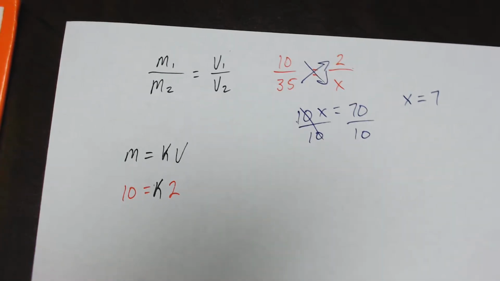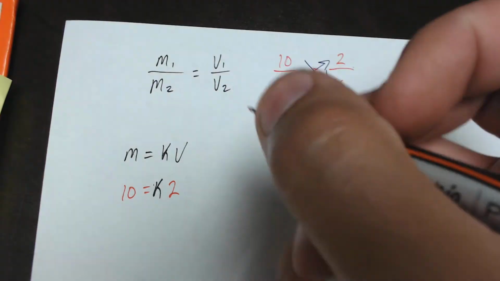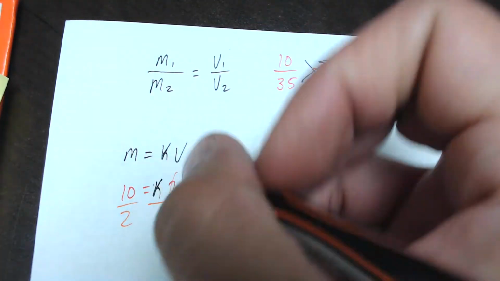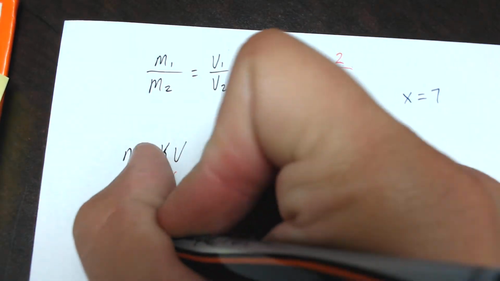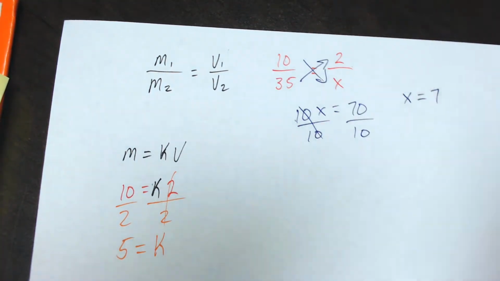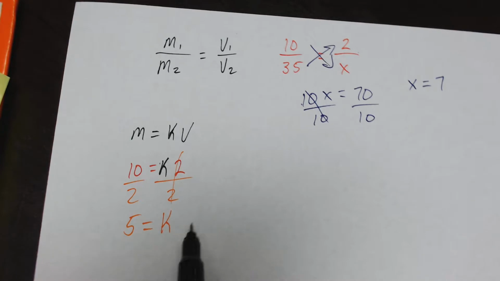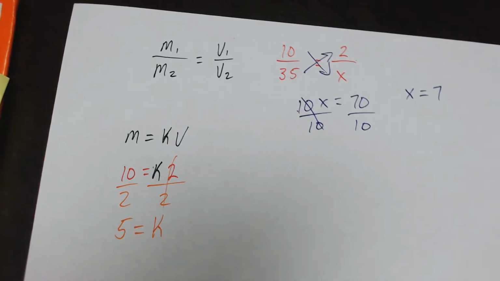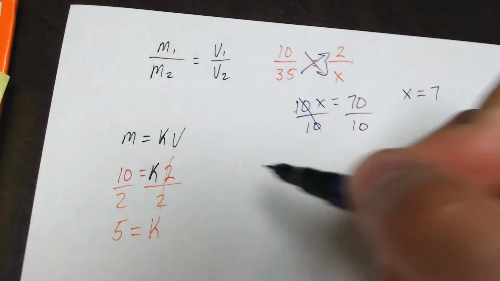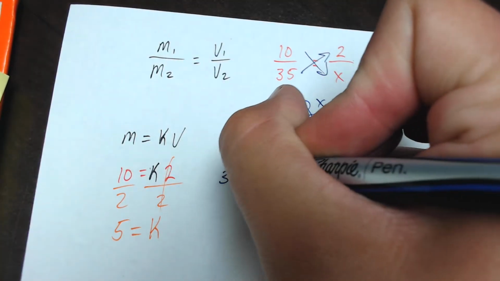So let's go ahead and solve for K, or for the constant. So we just divide each side by 2, and then I end up getting that 5 is equal to the constant K. Now I can take this constant and I can plug it back into this equation, but instead of using mass 1, I'll go ahead and use mass 2. So I'll take the same equation. Mass 2 I know is 35 kilograms.